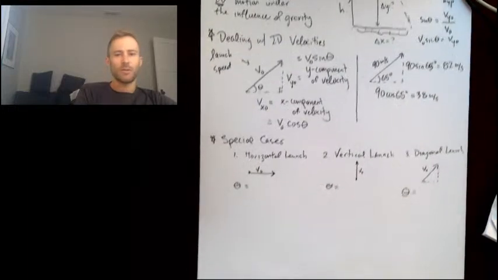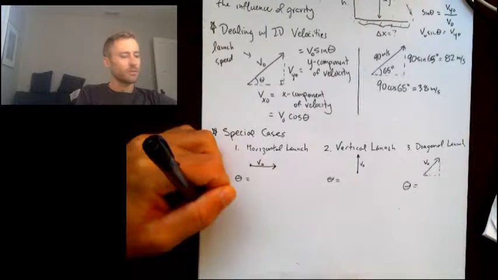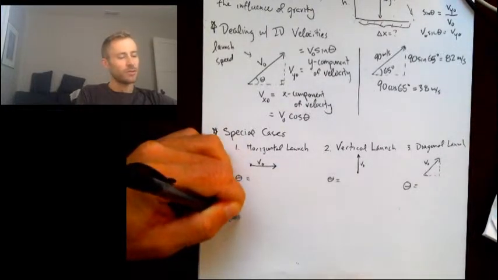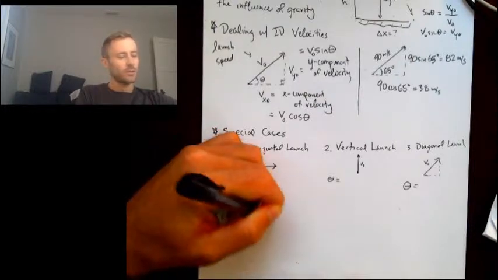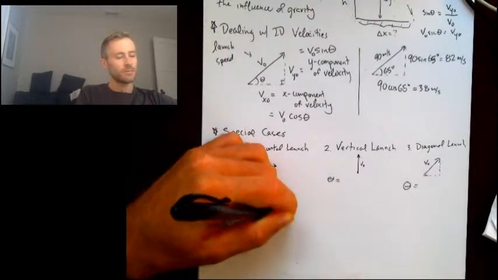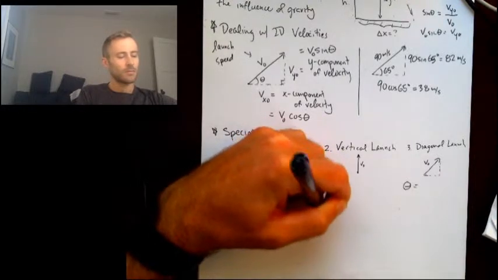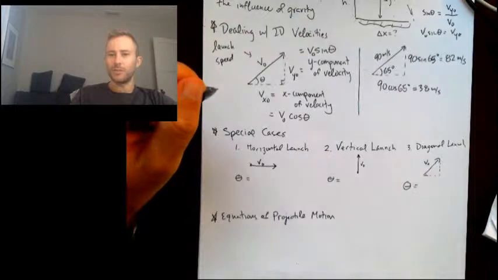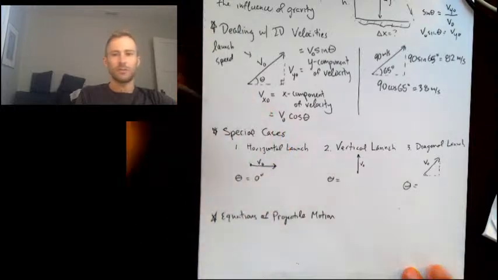And while I wait for someone to type in what they think the answer is, I will start the next part, which is equations of projectile motion. Excellent. So horizontal launch means that the launch angle is 0 degrees.